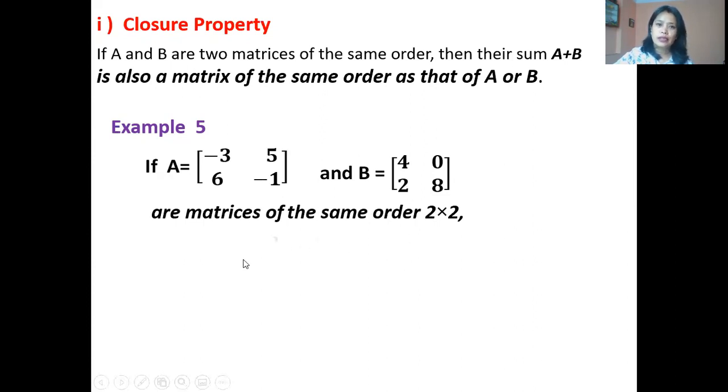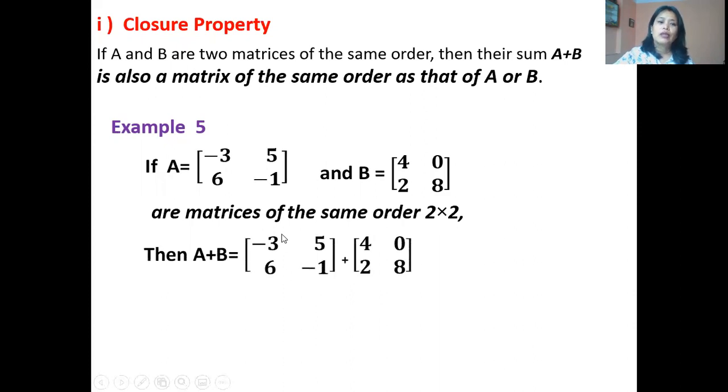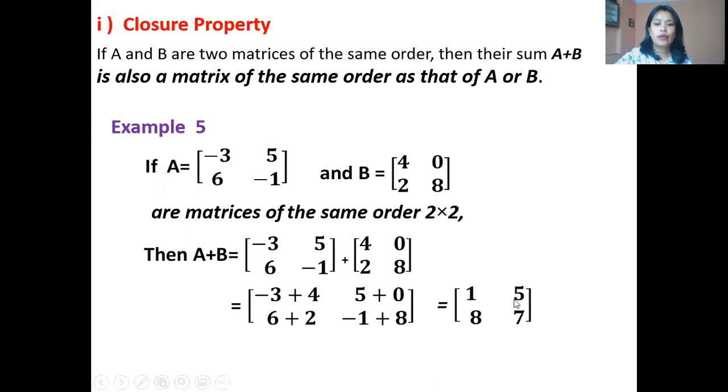So let's add them, A plus B. While adding, the corresponding elements get added like this: -3 plus 4, 5 plus 0, 6 plus 2, and -1 plus 8. And the result is 1, 5, 8, 7. Again, a matrix. So the result of A plus B is again a matrix which has the same order as that of A or B. So this is the closure property.